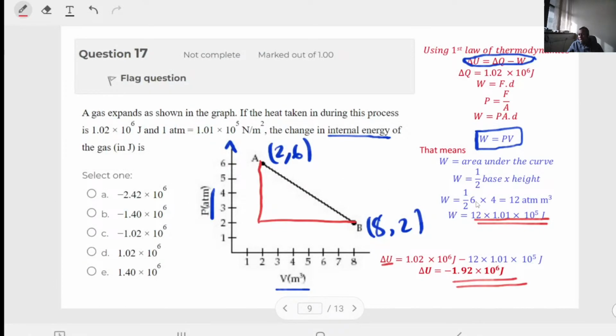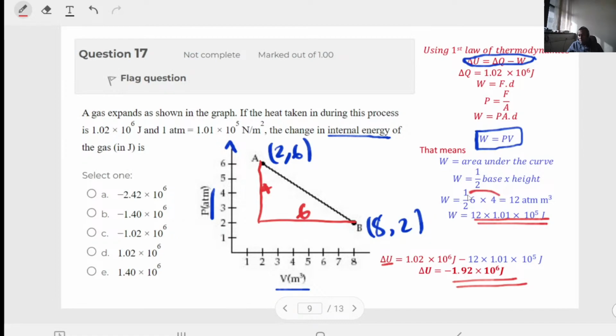You see, for me the base is 6, which is 8 minus 2. The y-axis is 6 minus 2, which is 4. That's where I have half times base times height, 6 times 4.